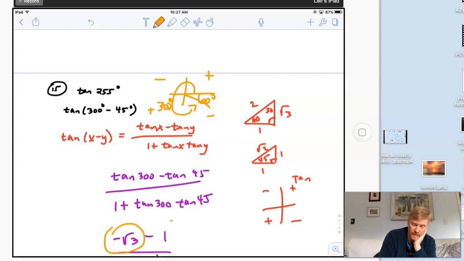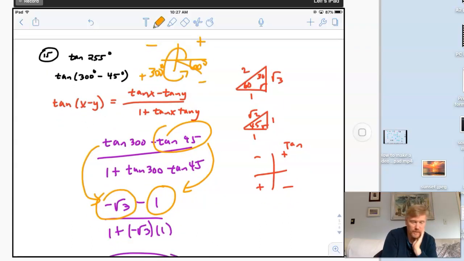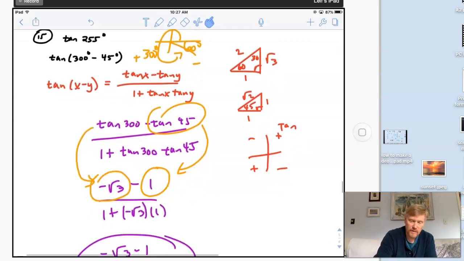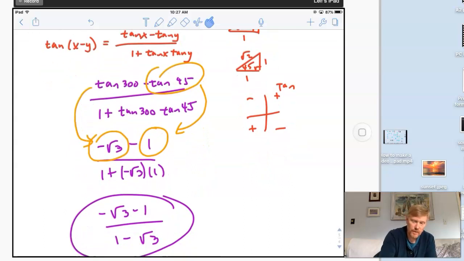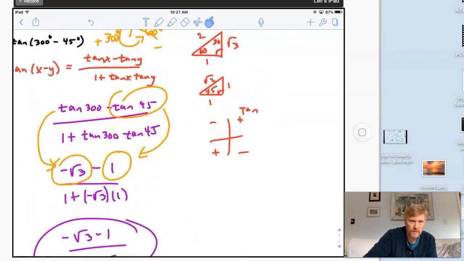Tangent of 45 is 1. And tangent of 300, once again, is negative square root of 3, and the 1, so I did out the denominator here, which means if I simplify that, I get negative square root of 3 minus 1 over 1 minus the square root of 3. And I'm just going to leave it like that. I know it's not a rationalized denominator, but I'm not worrying about that at this moment. And that, my friends, is my last problem, so I'm going to stop.